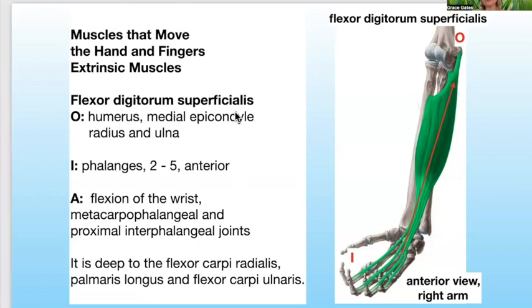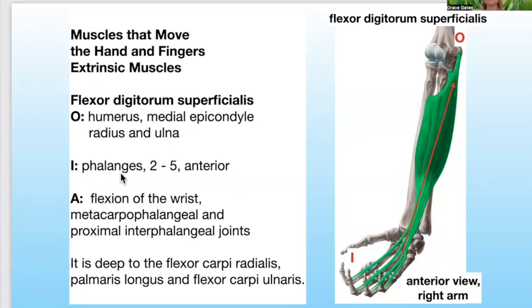So the flexor digitorum superficialis, remember, we flex the elbow anteriorly, we flex the wrist joint anteriorly, and we flex the fingers anteriorly. So the flexor digitorum superficialis, the origin is on the humerus, the medial epicondyle, the radius, and the ulna.